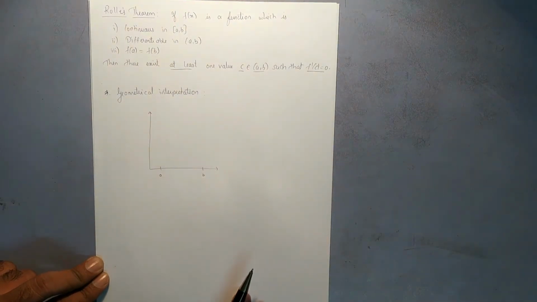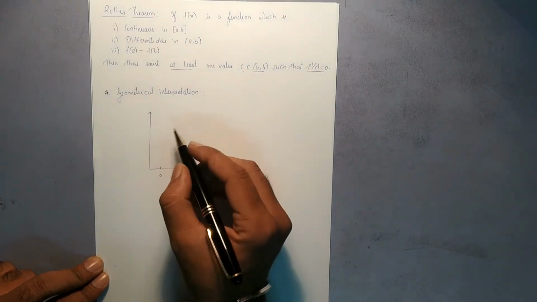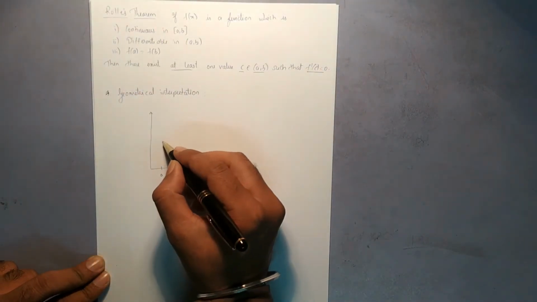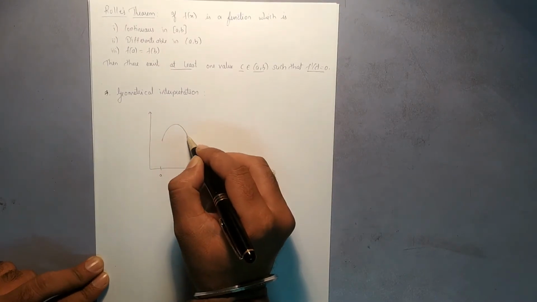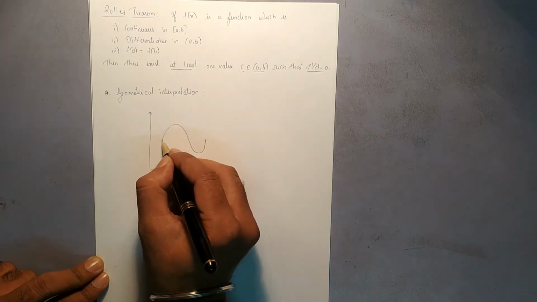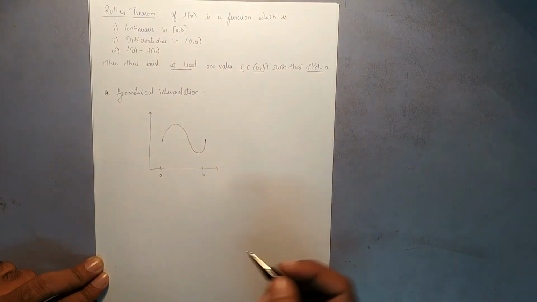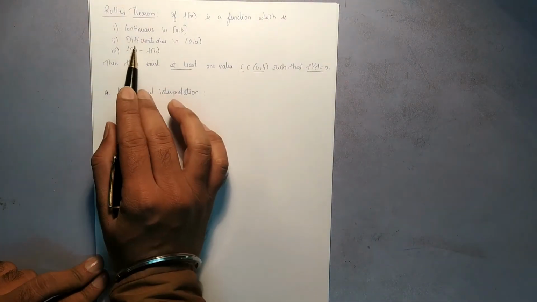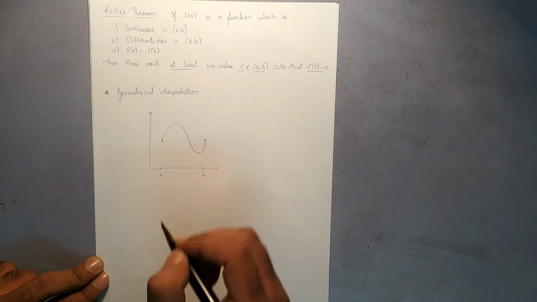Now we will see what is the geometrical interpretation of Rolle's theorem. If we have a function that is continuous in [a, b], it should be smooth and without break. Because it is continuous, it should be without break, and it is differentiable, so it should be smooth.